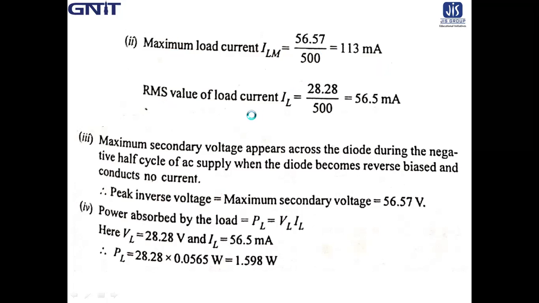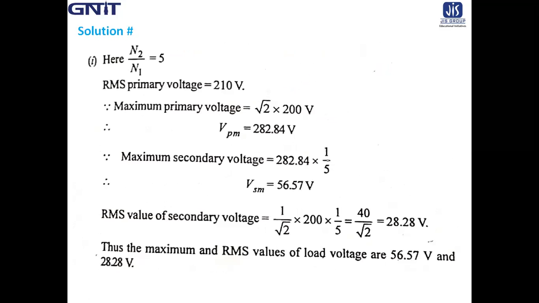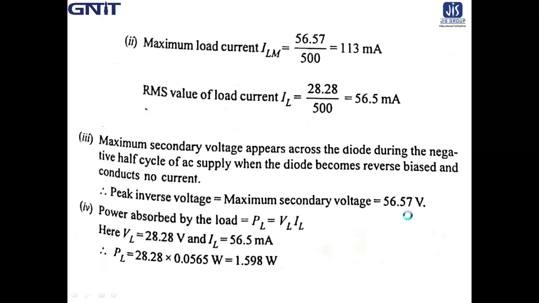And the RMS value of load current IL equal to 28.28 by 500. See here, the maximum secondary voltage is 56.57 and 28.28, so it is divided by 500.